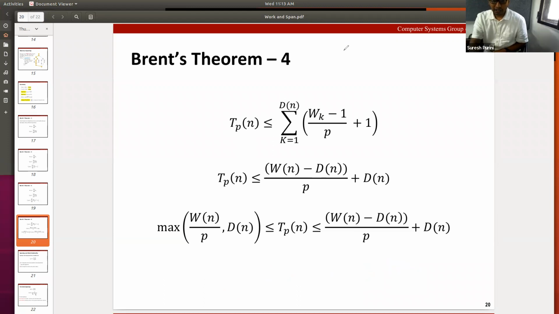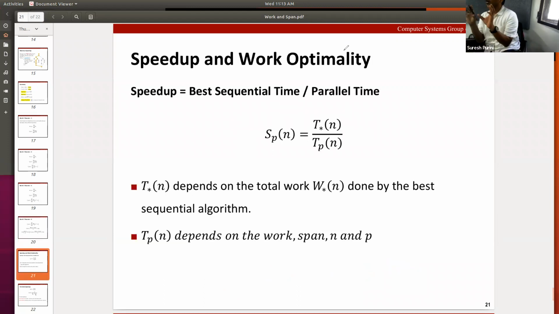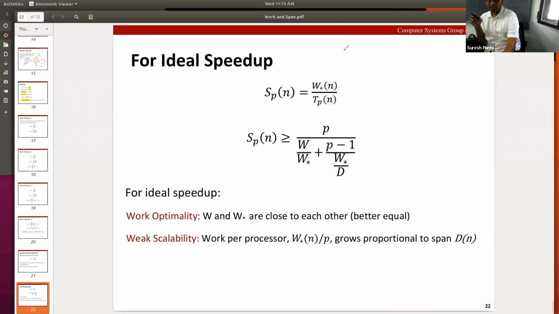The third point: when we are trying to come up with a parallelization strategy, and you are comparing your parallel program with your serial version, there are two things that you need to keep in mind. The first thing is your parallel program has to be work optimal.